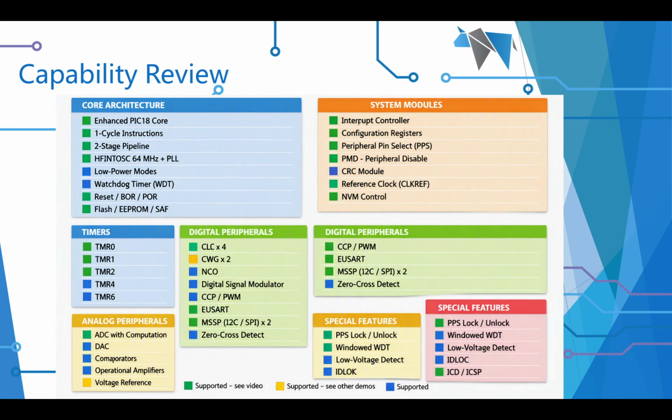So let's have a look at what we've covered in terms of the scope of the microcontroller. On the core architecture, top left, we've covered most things apart from the low power modes and watchdogs. They're supported, I just haven't had the time to cover them. In terms of timers, we've covered the majority because they're all very similar.